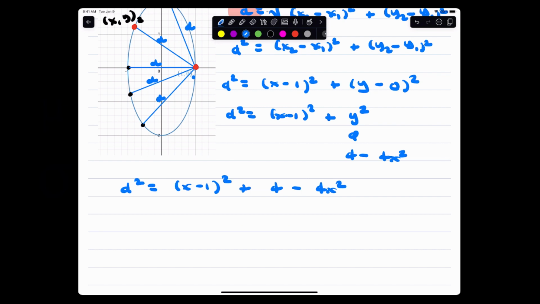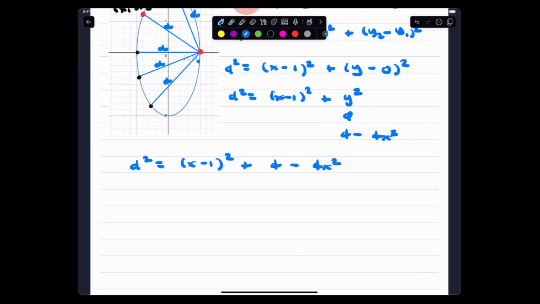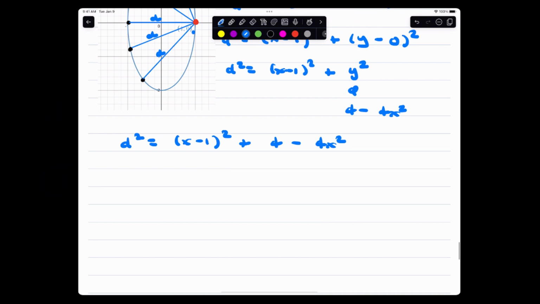So at this point, let's actually be clear here. This is not D, this is D squared. So you say, I kind of have an issue with that. And I'll tell you, don't worry. If you want, call this f of x, because this is a function of what variable now?